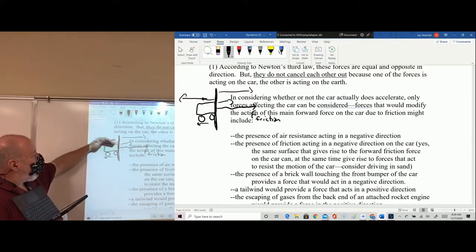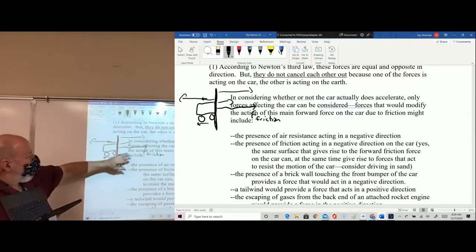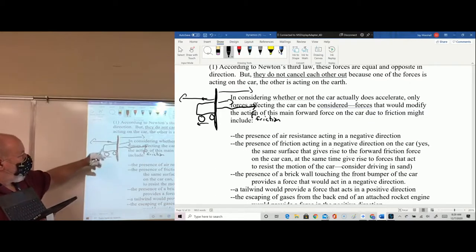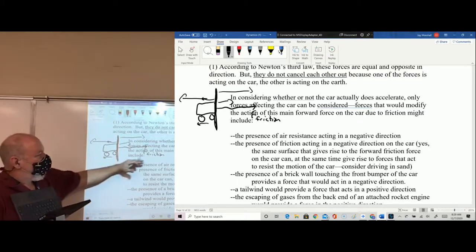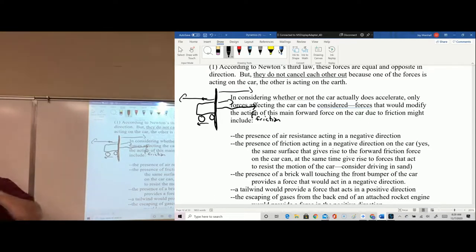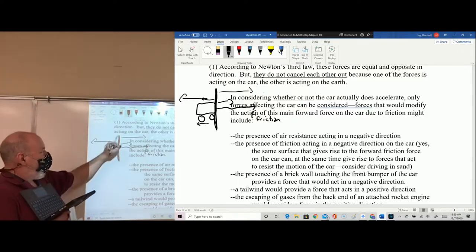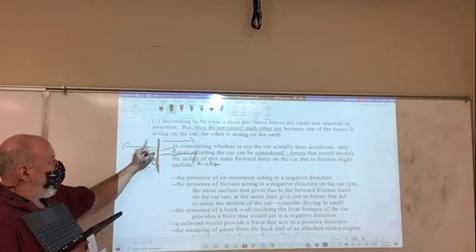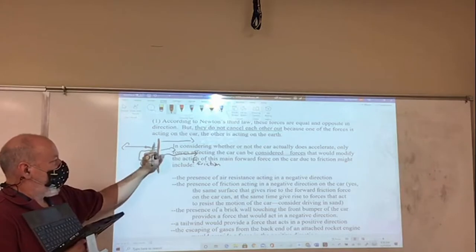The point is, these two forces, the force of friction from the car on the earth and the force of friction from the earth on the car, are not canceling each other out because they're not acting on the same thing. Only the force of the earth on the car is acting on the car.